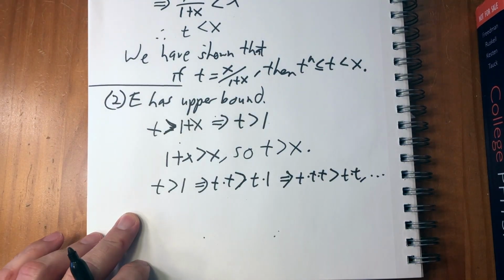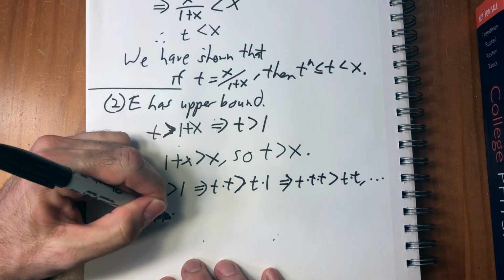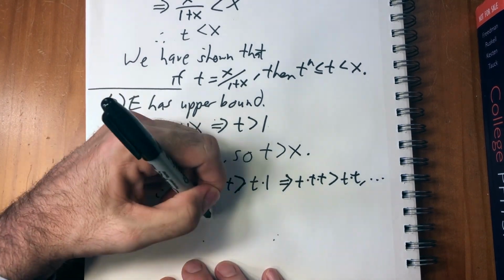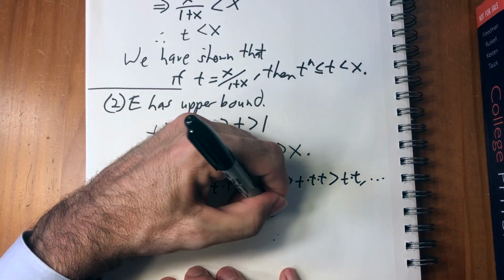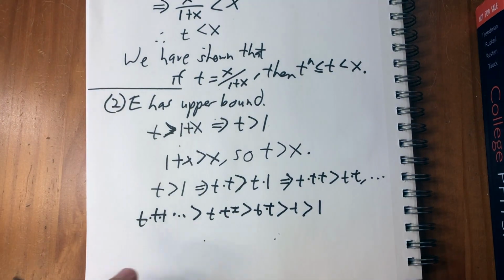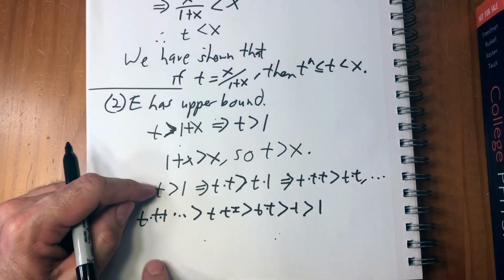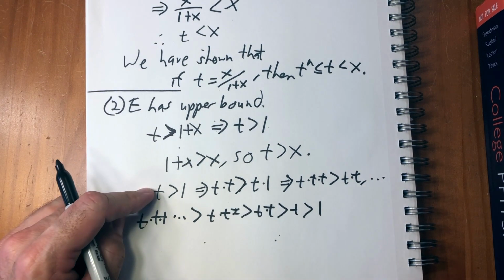So then if we put these in order again, we have that t times t times t dot dot dot is greater than t times t times t is greater than t times t is greater than t is greater than 1. So here again, if t is greater than 1, then t to any power is going to be even greater than that, meaning it's going to be greater than 1.